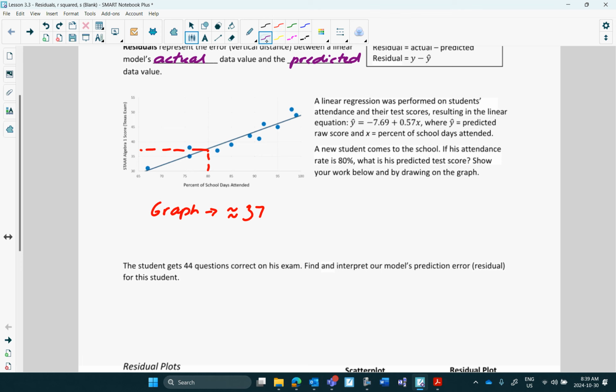But if we did it algebraically, using the least squares regression line, the predicted value would be negative 7.69 plus 0.57 times the percent attendance, which we're told is 80. We calculate that and get 37.91, so we're actually a little closer to 38. Obviously, if you've got the equation of the least squares regression line, you'd want to use that over the graph because it'd be more accurate.